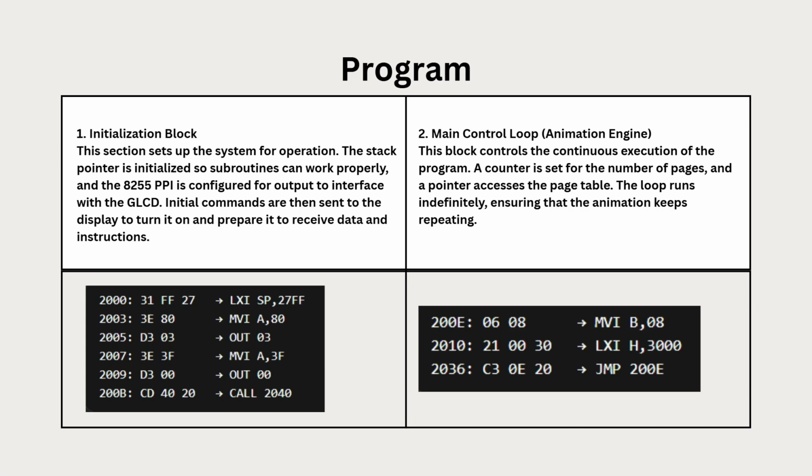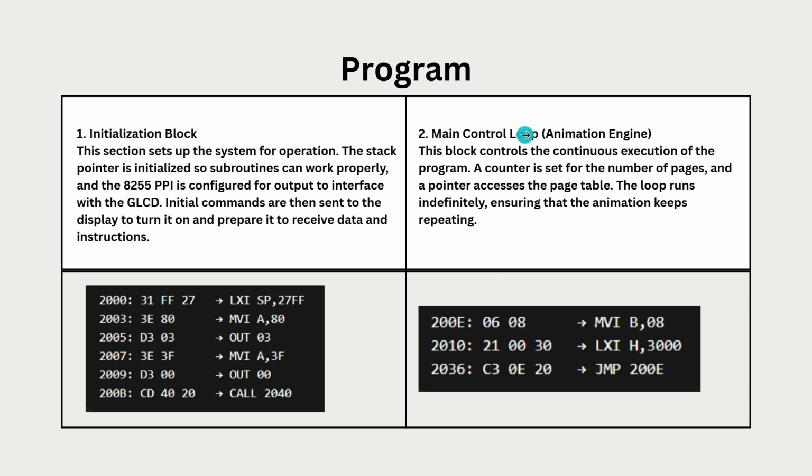After that, I configure the 8255 programmable peripheral interface. This step is necessary because the 8085 itself cannot directly drive the GLCD, so the 8255 acts as the interface between them by sending the appropriate control word. Then I send some initial commands to the GLCD. These commands turn on the display and prepare it for further instructions.